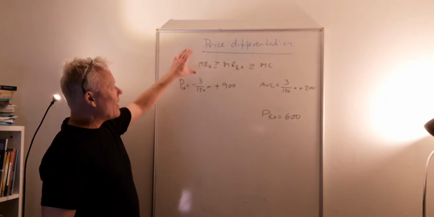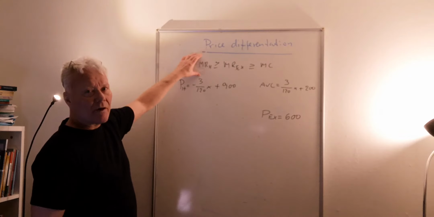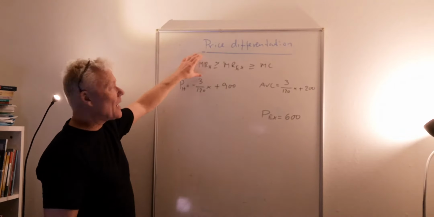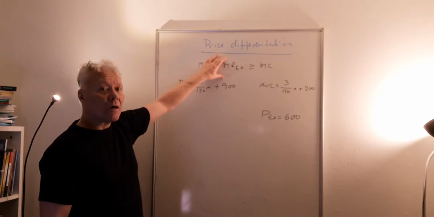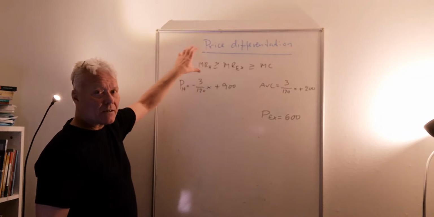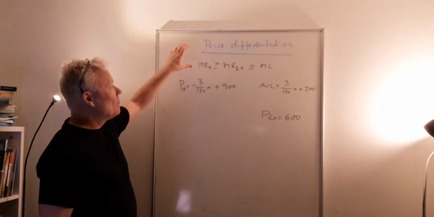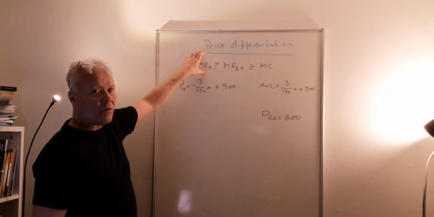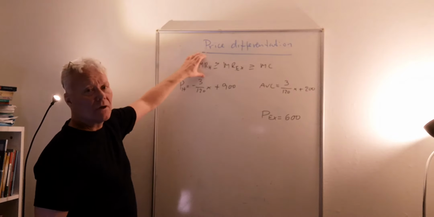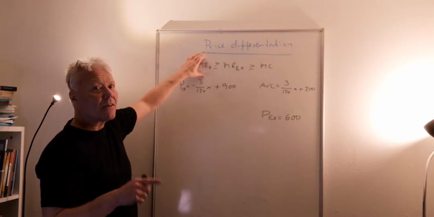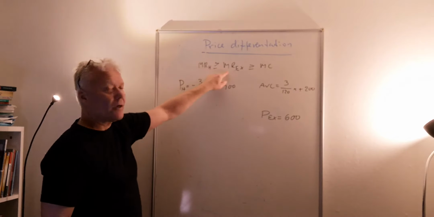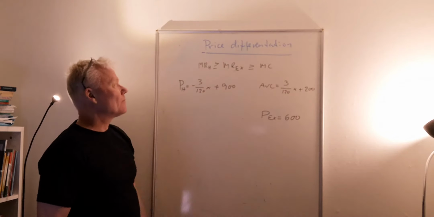But the ground rule is that as long as the marginal revenue on the home market is higher than the marginal revenue on the export market, you should stay and sell on the home market. But you should only stay and sell on the home market as long as the marginal revenue on the home market is higher than or equal to marginal revenue on the export market.